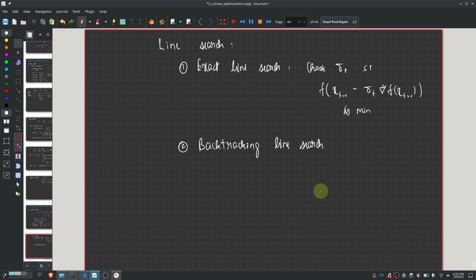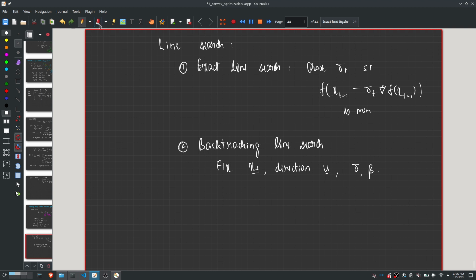Backtracking line search effectively works in the following way. Suppose you fix xt and a direction, let's call it u, and you have two other constants to play around with.